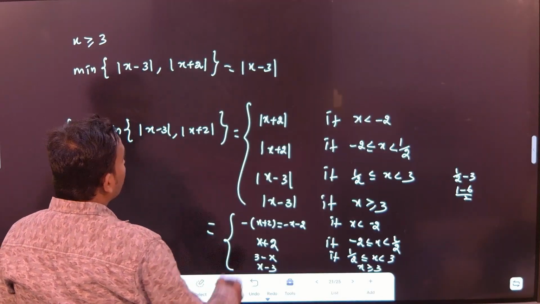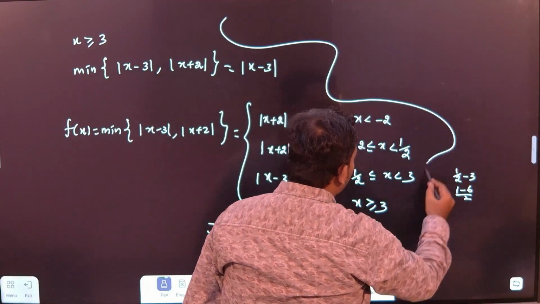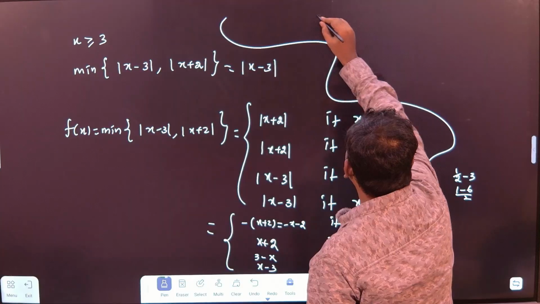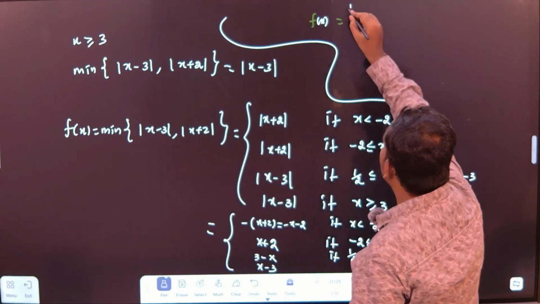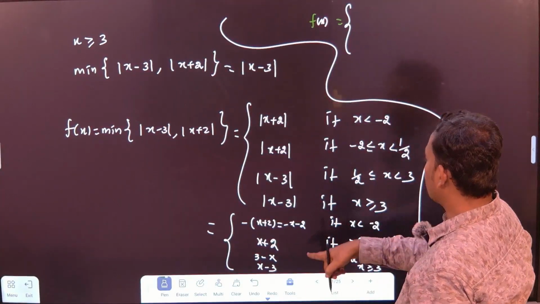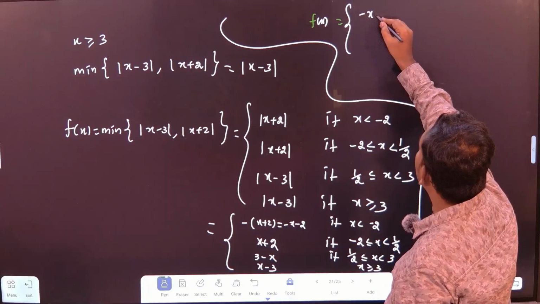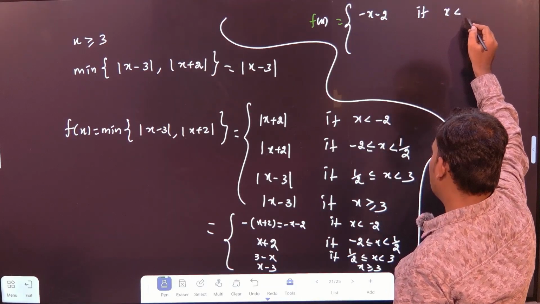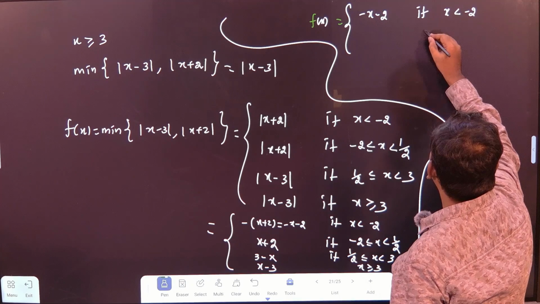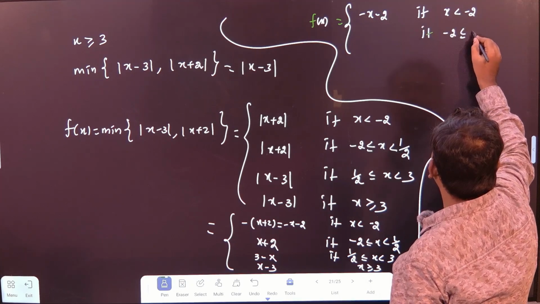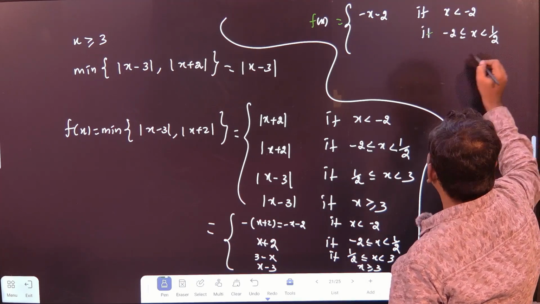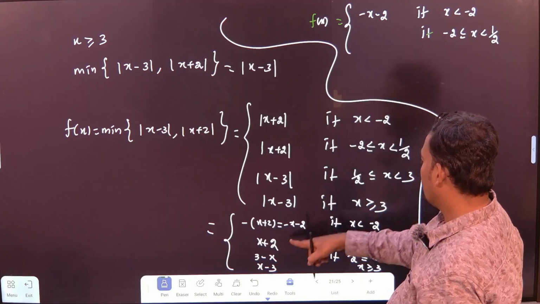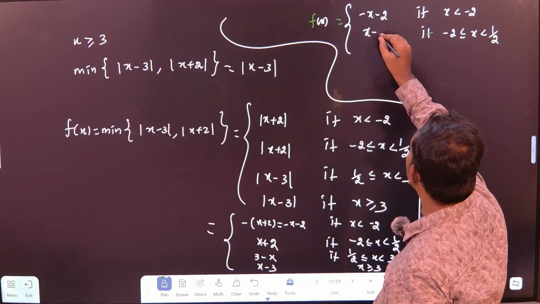Then how to redefine this again? You can see, students, the function will be: the first one is -x - 2 if x is less than -2. If x is from -2 included to less than 1 by 2, in this interval it is x + 2.